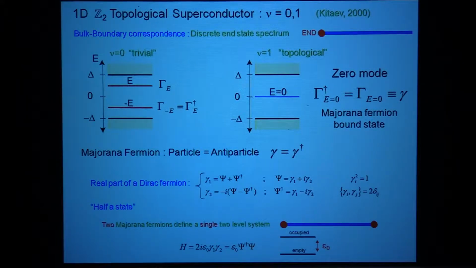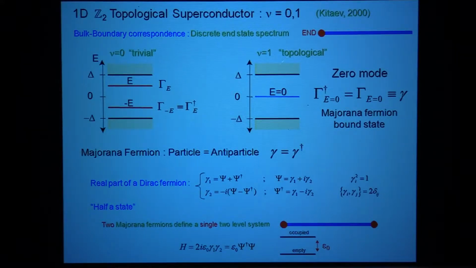That can't happen continuously, and so this zero mode is topologically protected, in the same way that the chiral edge state of the integer quantum Hall effect is topologically protected. You can't get rid of it by doing a smooth deformation.